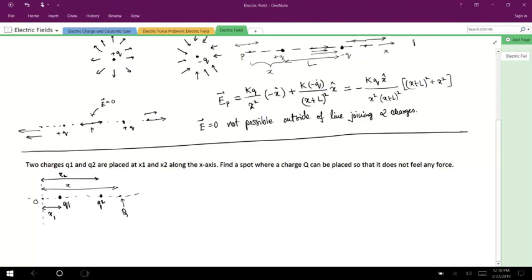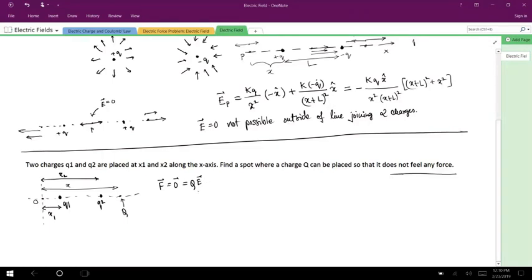Okay, so now we want to figure out what is the electric force on Q. And we have been told that we have to place Q such that it does not feel any force. So if it does not feel any force, that means F equals 0. If F is equal to 0, F is nothing but Q times E. And we know that Q is not equal to 0.